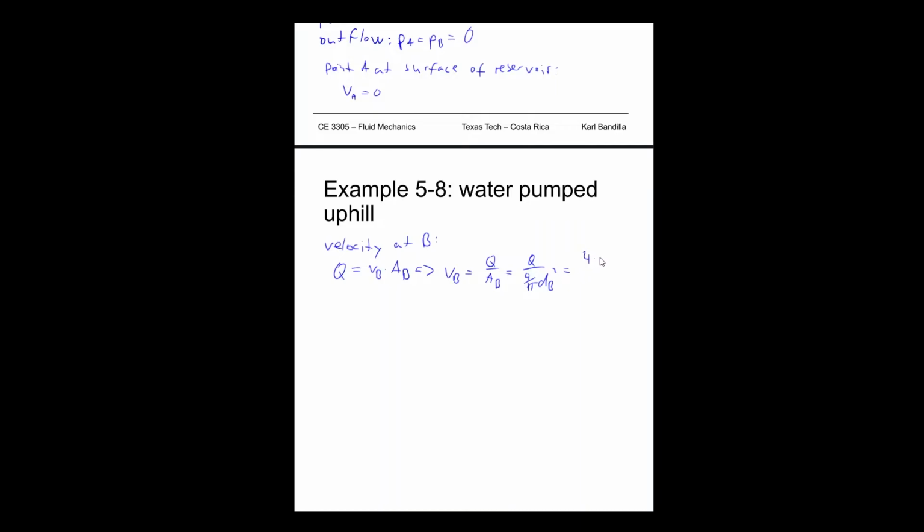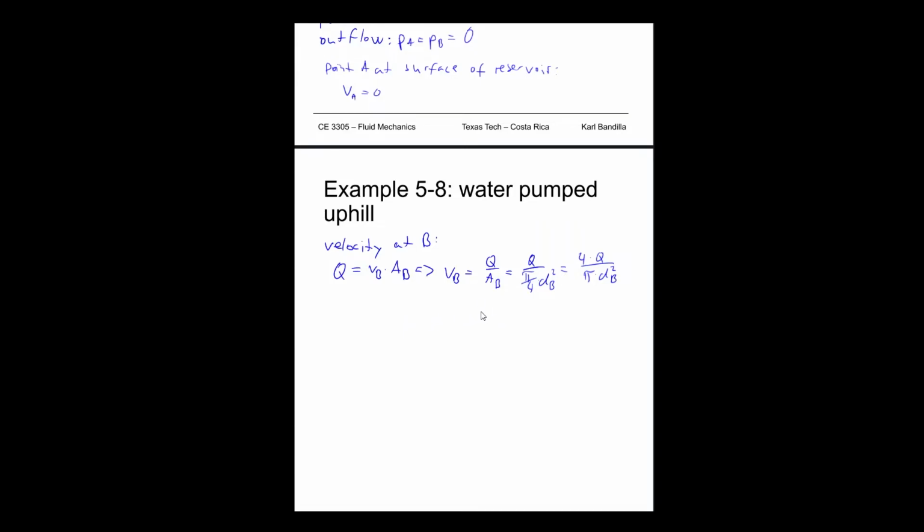I keep writing it the other way around, it's pi over 4, not 4 over pi. Then it works. Then we get 4 times Q divided by pi times dB squared.